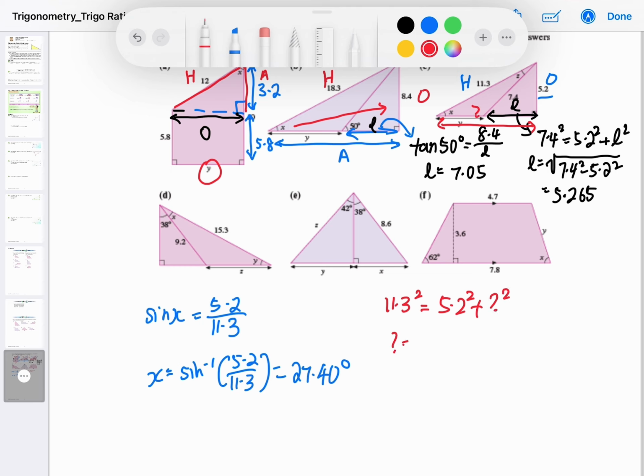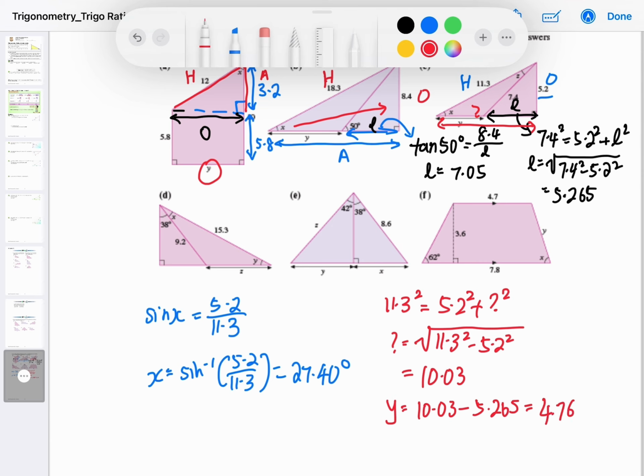So question mark equals square root of 11.3 squared minus 5.2 squared, which is 10.03. So y equals 10.03 minus 5.265, which is 4.767 to 4 SF. That would be my answer for y.